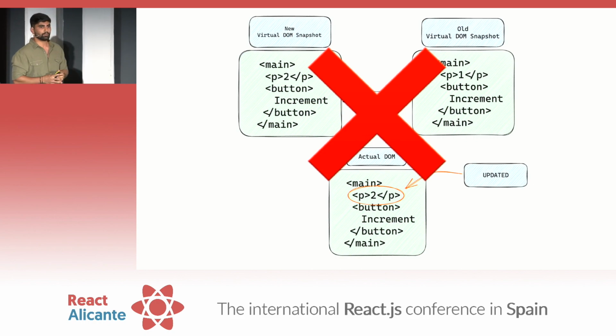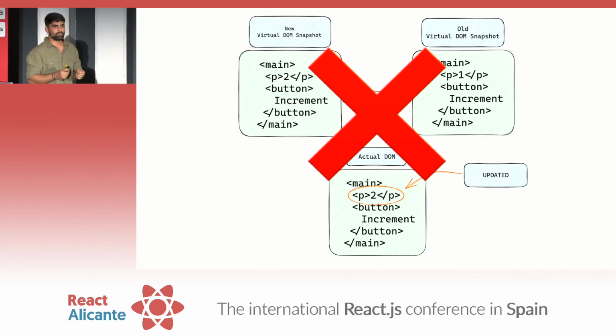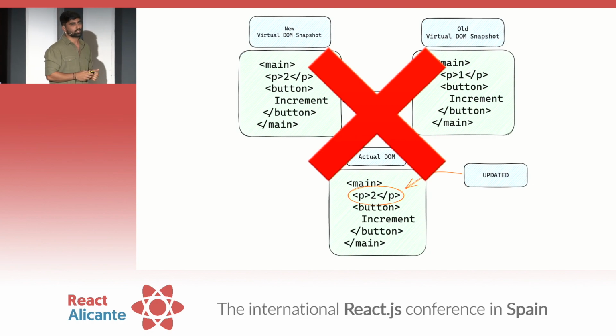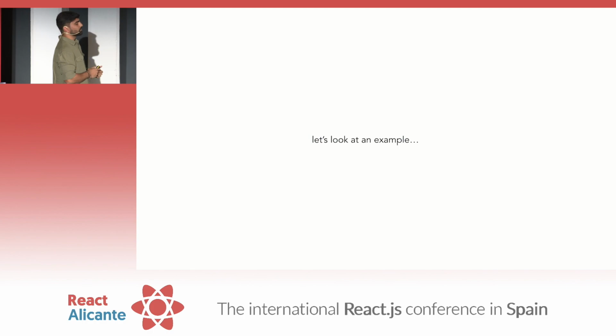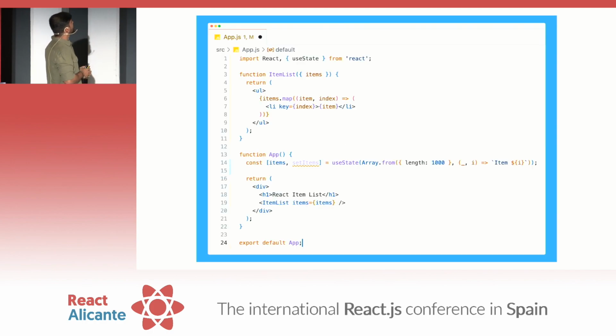So all the virtual DOM creation and comparison is not happening in SolidJS. And it actually allows you to boost the performance of your existing React.js application if you migrate it to SolidJS. Let's look at another example to get more clarity on this.